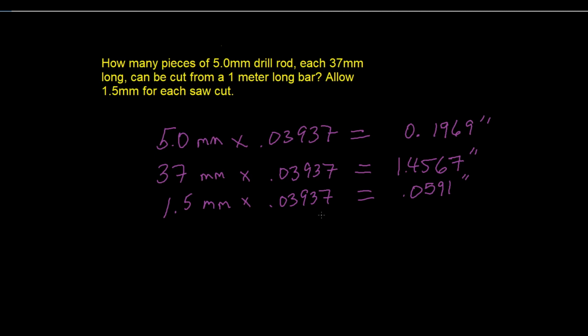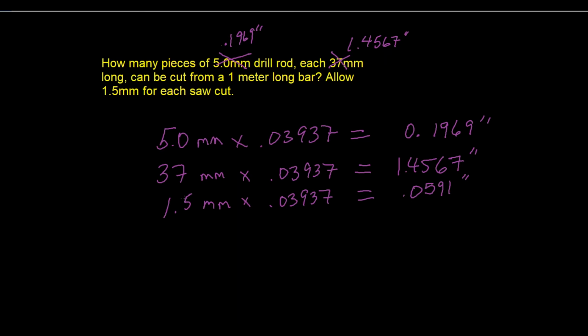So if you were to change this question, then we would have how many pieces of a 0.1969 inch drill rod, each 1.4567 inches long, can be cut from a 1 meter long bar.